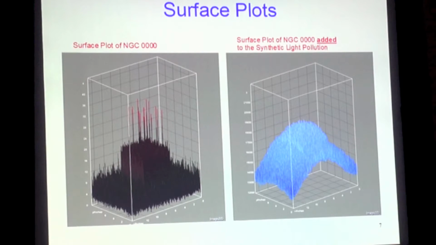So now if I take the original light pollution image, which I can extract by methods I'll describe, and subtract it out, there's the object again. Now if you look at it closely, you'll see there's a great deal of noise both in the background and in the object itself.